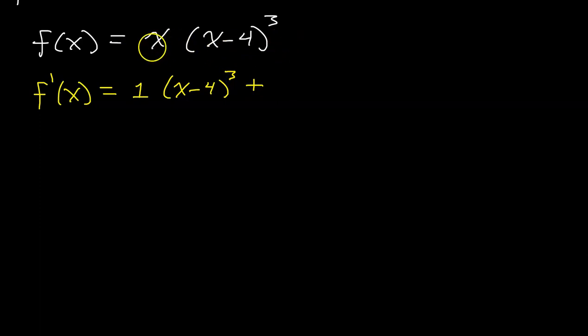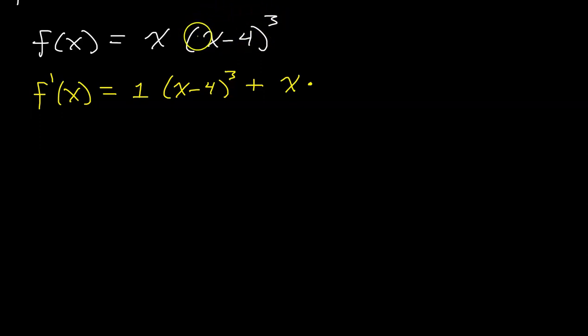This time through, we will leave the first factor alone, and we will multiply by the derivative of the second factor. Well, this is going to be the chain rule because we have an outer function and an inner function.